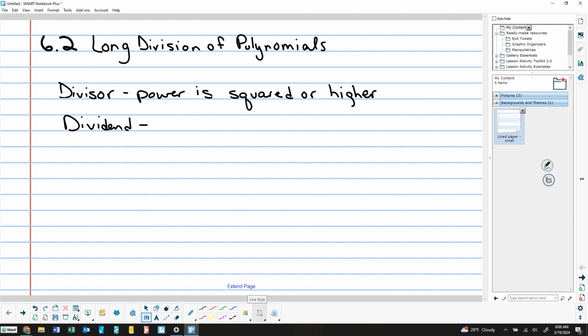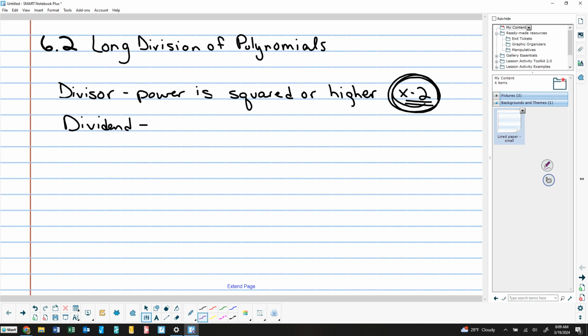Okay, so if you're dividing by something like x minus 2, then you can do synthetic division. But if that's raised to a power higher than that, then you need to make sure that you're doing long division. So I'm going to do an example with this actually as my divisor, but then I'll do one where you have a larger one as well.